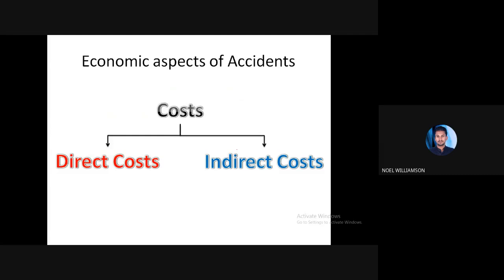So these losses can be calculated based on cost. There are direct costs, which are measurable, and indirect costs. One by one we can see. I think it is time, so that will be discussed in the next class.